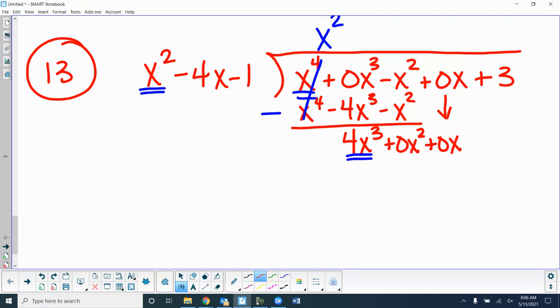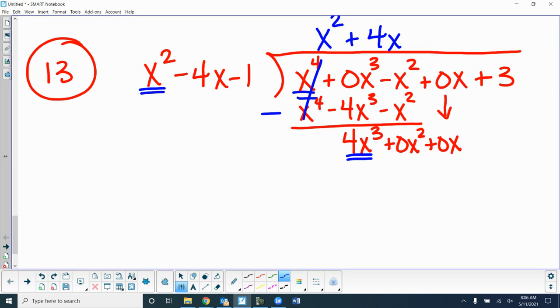Okay? Now let's do blue. So looking at my answers, I can eliminate B and D because they are x squared minus 4x, right?